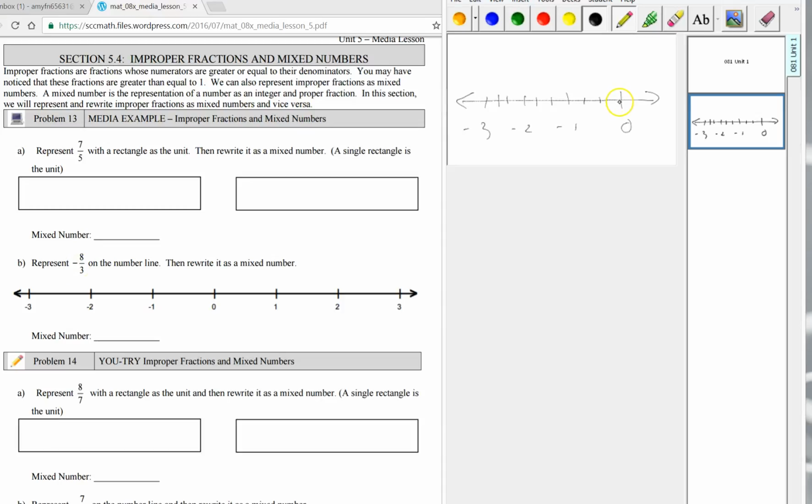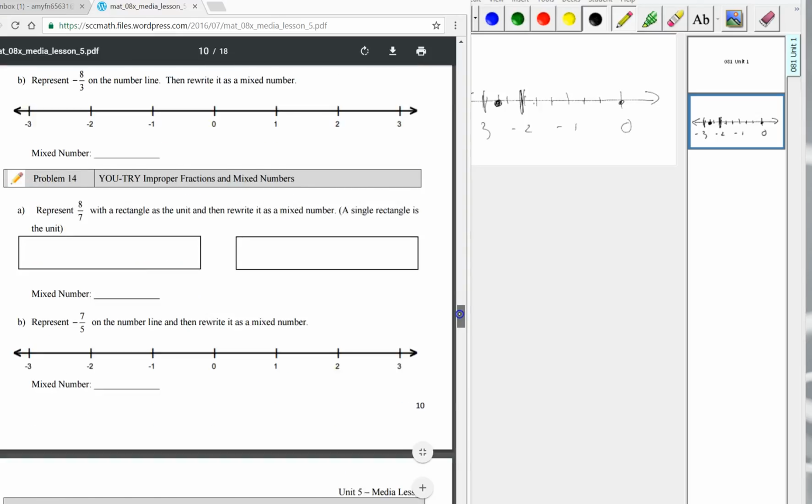So notice they could start here at 0, and if they're cut into thirds, they can count them 1, 2, 3, 4, 5, 6, 7, 8 in the negative direction. And then they can begin to connect this idea. Well, we had two wholes in the negative direction, or 2 ones, and then 2/3 here to get the mixed number value. Okay. Let's look at the next one.